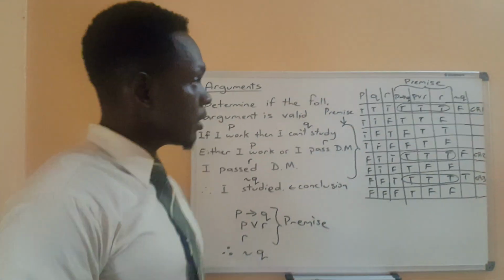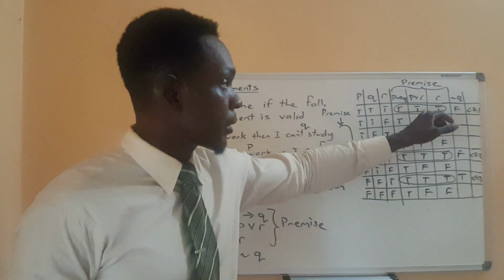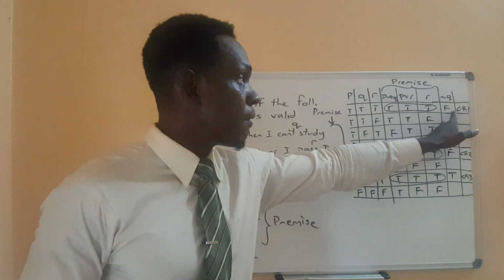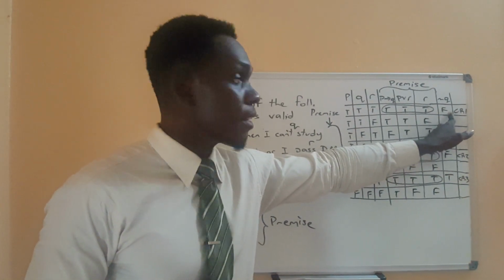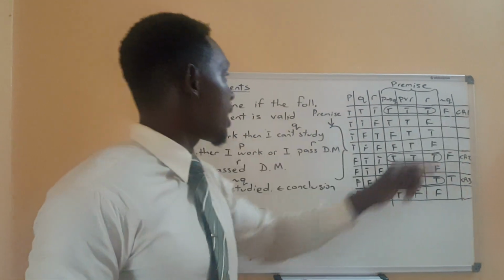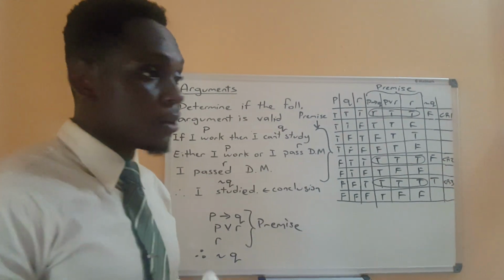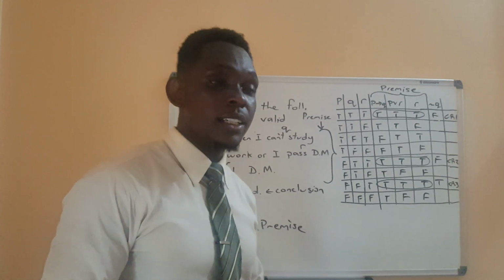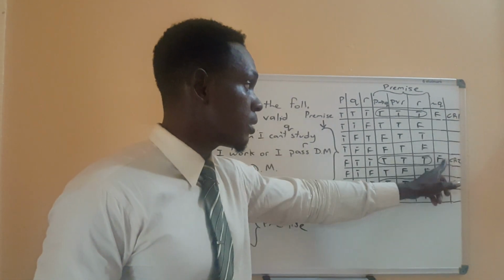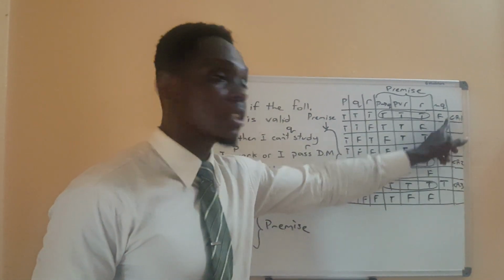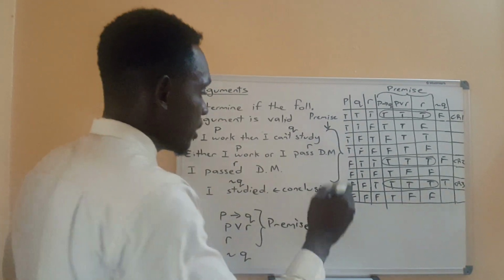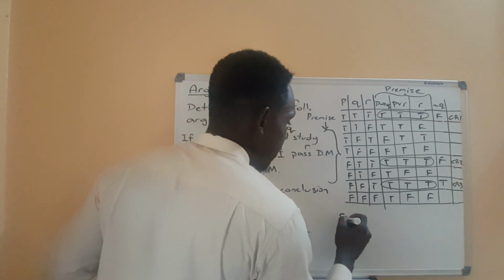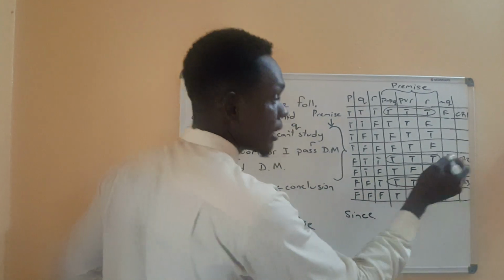Now, since for a critical row we have a false conclusion, we would say that our argument is not valid. The only time our argument is valid is when all our critical rows have a true conclusion. We just need one counterexample.